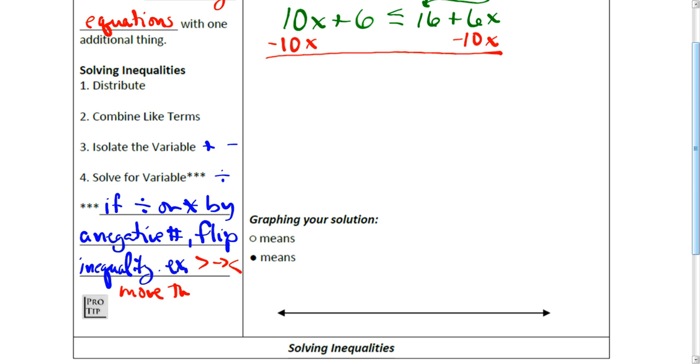Move the smallest variable term to ensure a positive coefficient. Because negative signs are one of those things that create lots of problems.